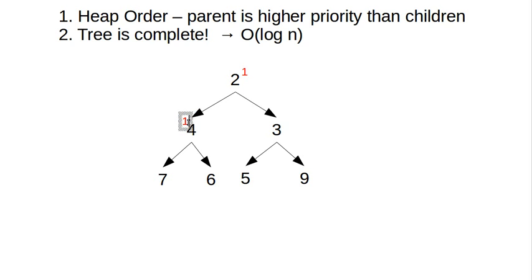The 4 is number 2. 3 is number 3. The 7 is number 4. So I'm going to number them in a breadth first order, going across every level.